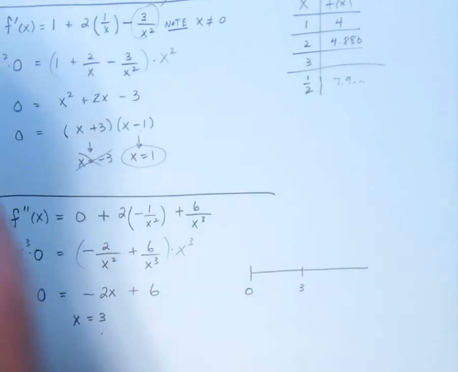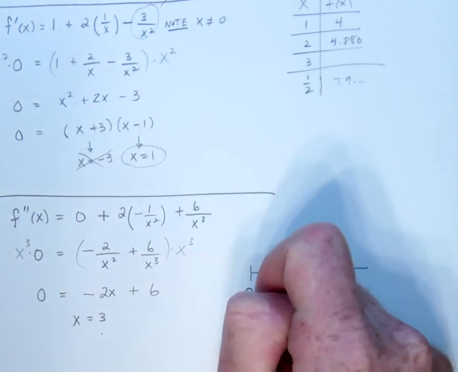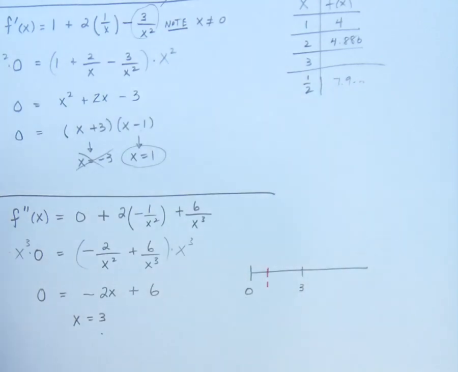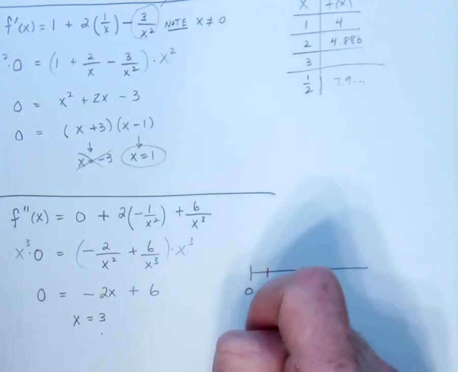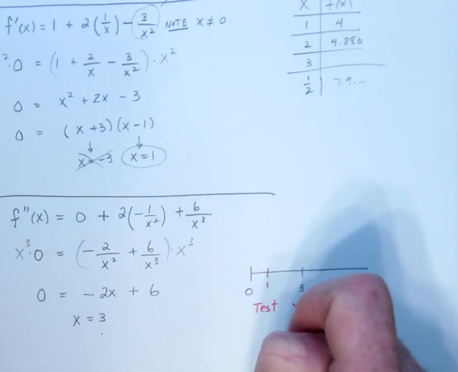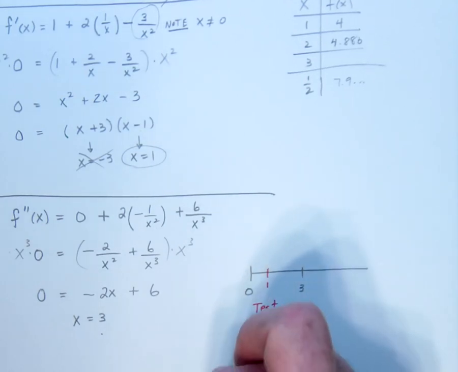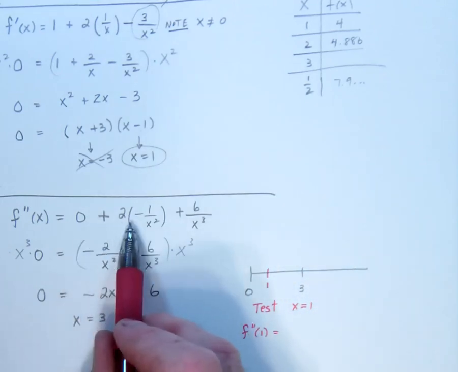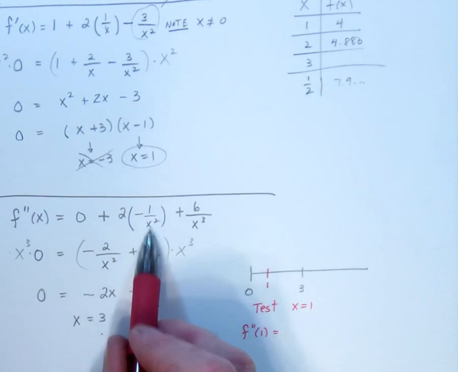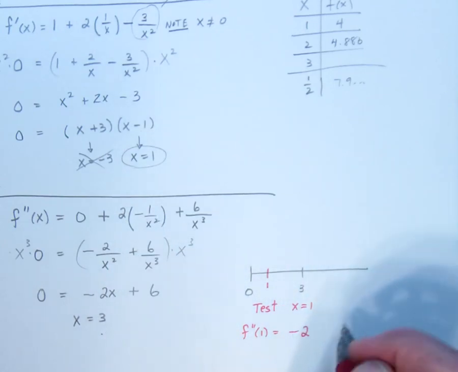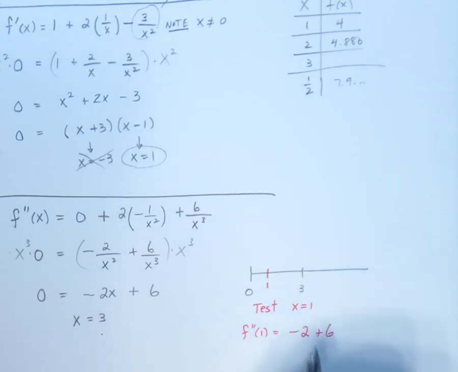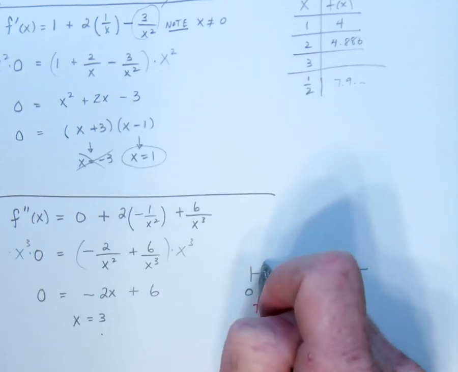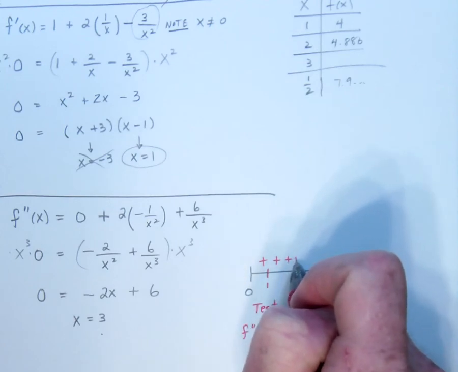Well, if you test, let's say, a 1, just pick something easy between 0 and 3, the second derivative is going to be 0, and then this would be negative 1 over 1, so that makes the 2 negative, and then put a 1 right here, so that's going to be plus 6. So this is a positive 4, so it's positive. So this whole interval would be positive.